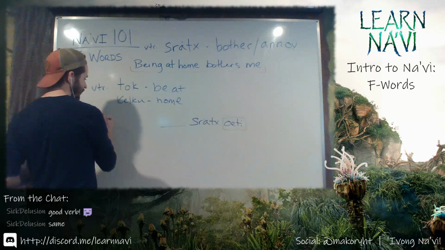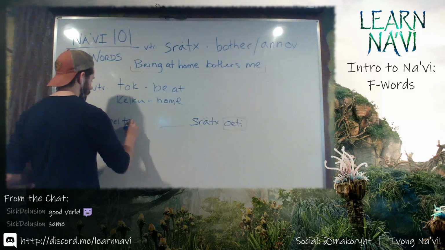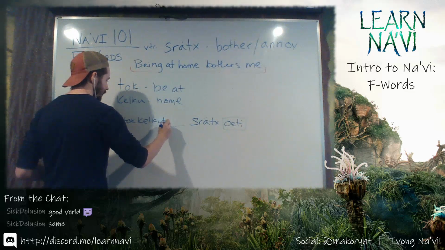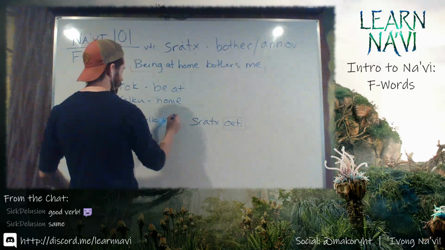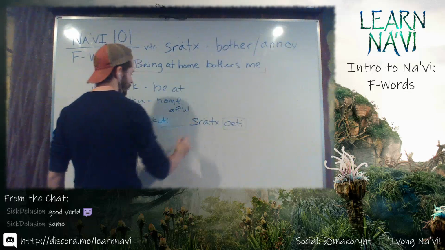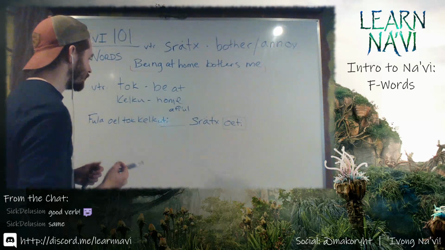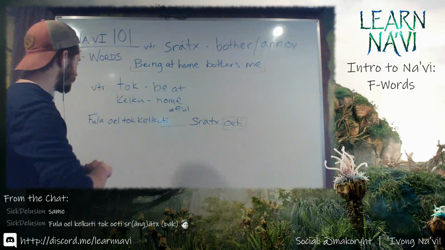We can do this two ways, remember. We can go fula up front. Well, do calcuti. That works. Or we can do it with the fi'ul down here. Either one of those is sufficient to conveying the idea that being at home bothers me.